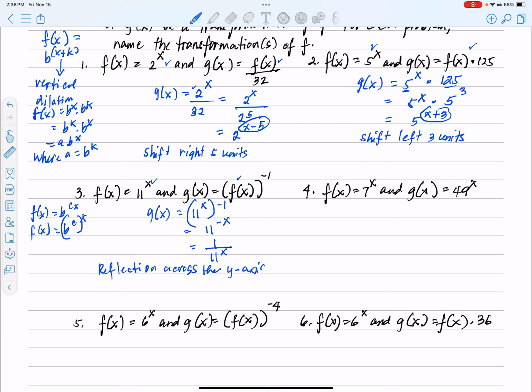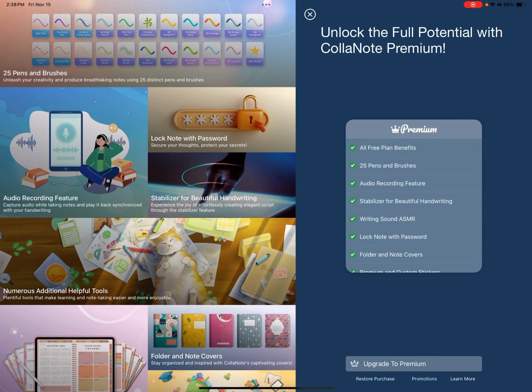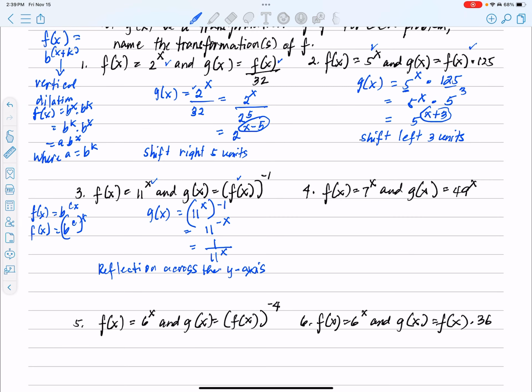All right. Let's do this. F of x equals 7 to the power of x, and g of x equals 49 to the x. So we're going to rewrite 49 to the x with the same base as 7 here.